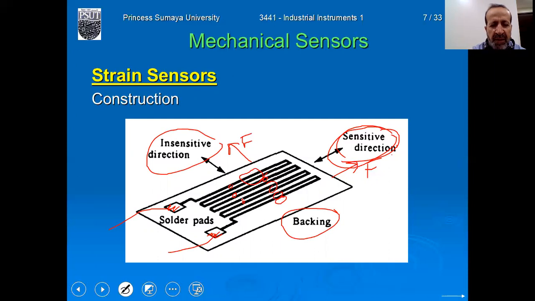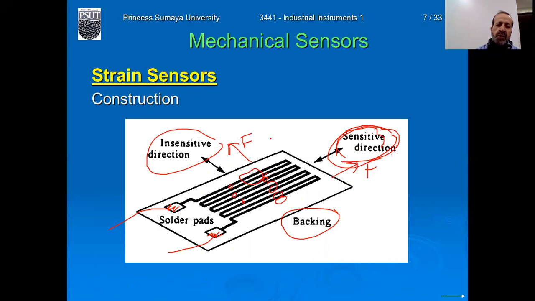You have multiple diameter changes, and usually you can neglect them. You will not observe these very small changes, but in this direction you will see the change very clearly, especially when you connect it to a Wheatstone bridge. Okay, this is the construction of the strain gauge.